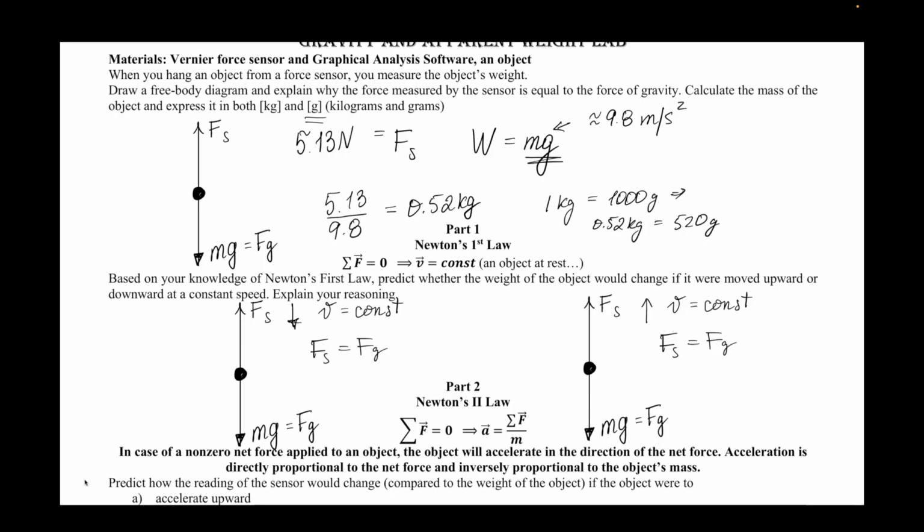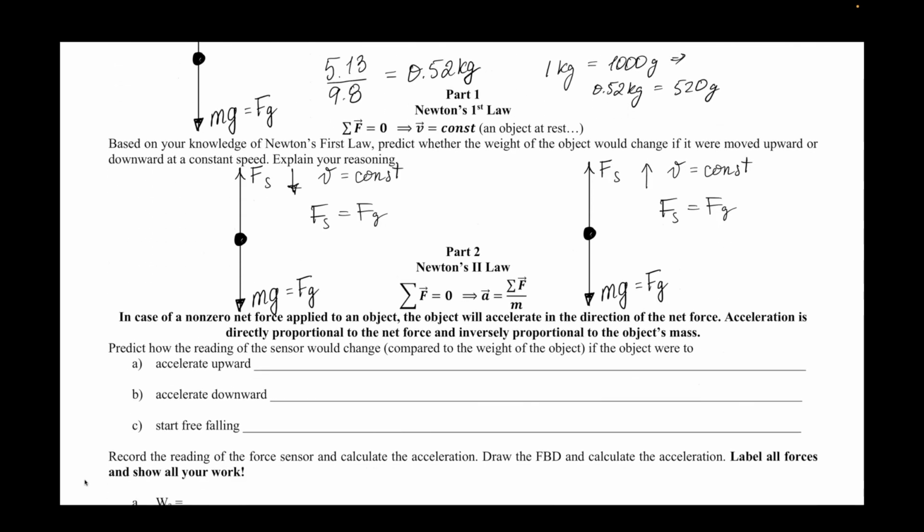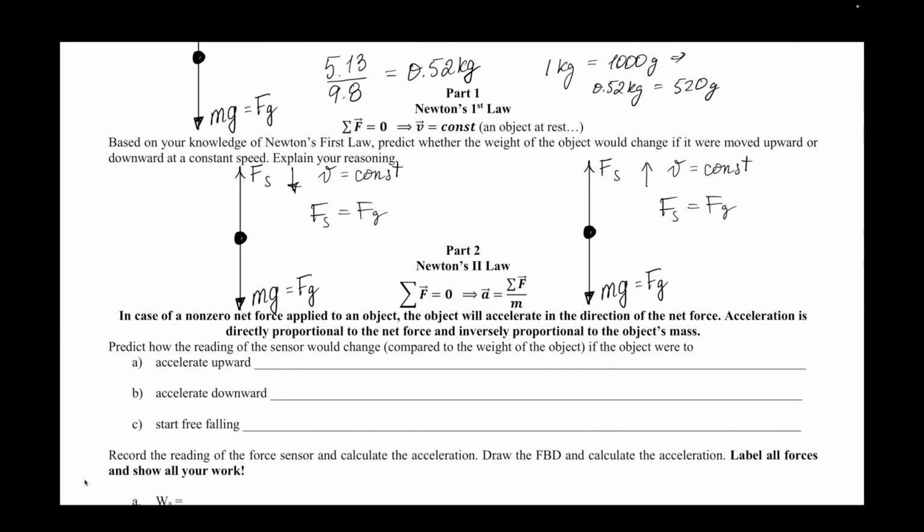And then we extended that to Newton's second law. What if I yanked the object with an upward acceleration, with a downward acceleration, or what if it started free falling? The hypotheses were that if we accelerate the object, yank the object with an upward acceleration, then force of the string, which equals the apparent weight, will be greater than mg.